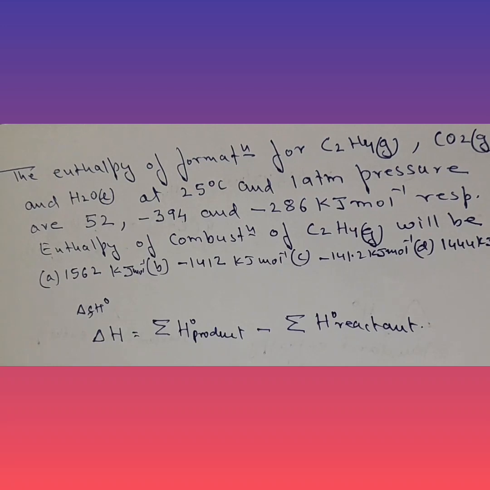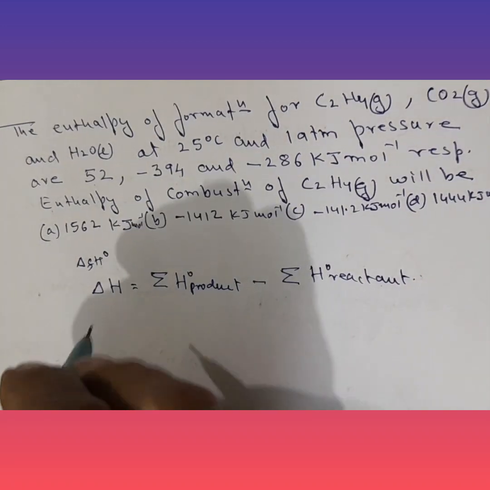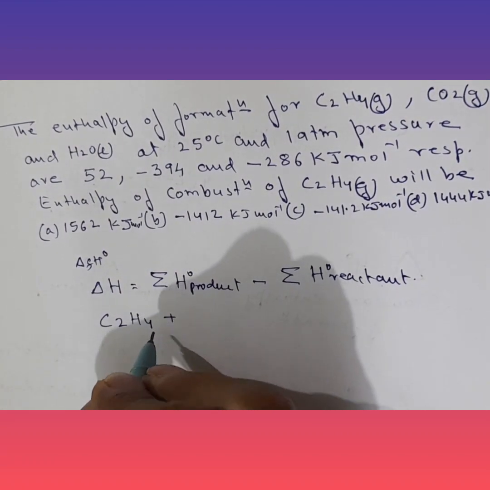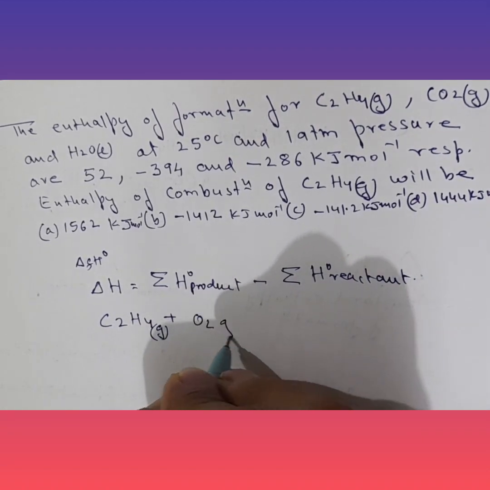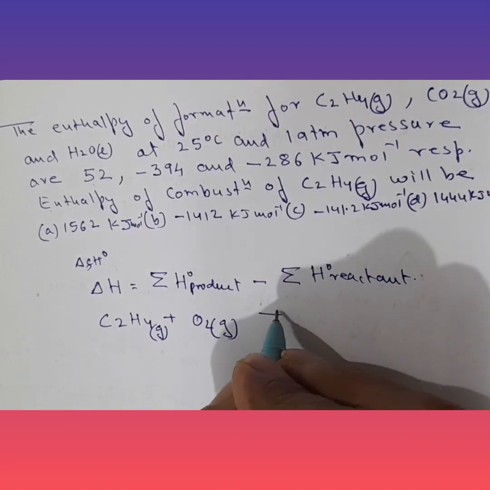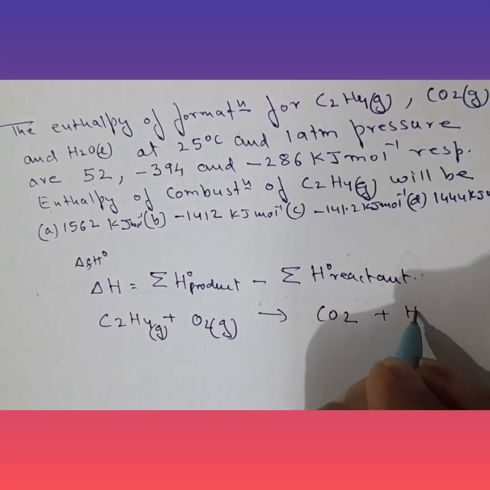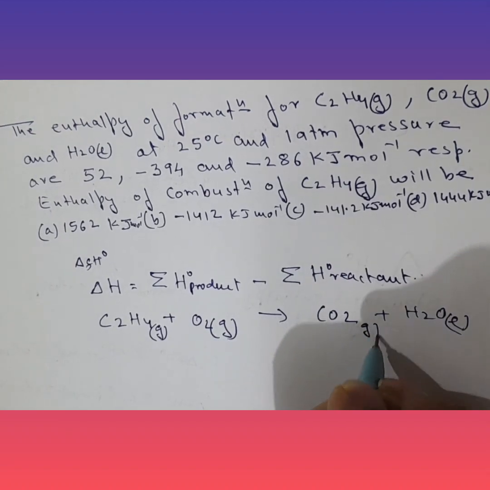Now we also need to write a reaction, so let's jot it down. C2H4 ethene, a gas, plus oxygen O2 gas gives you carbon dioxide gas plus H2O liquid.